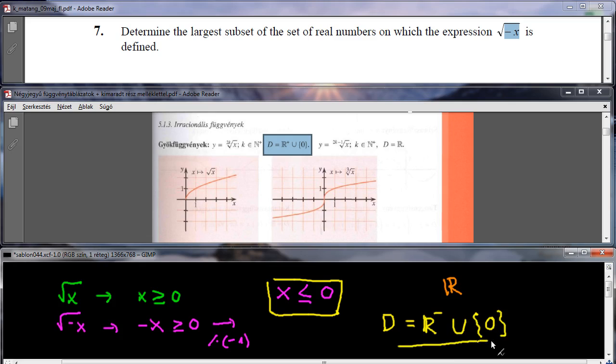So this is the largest subset of the set of real numbers on which the expression square root of minus x is defined. R minus, the negative real numbers and the 0, and then we are done.